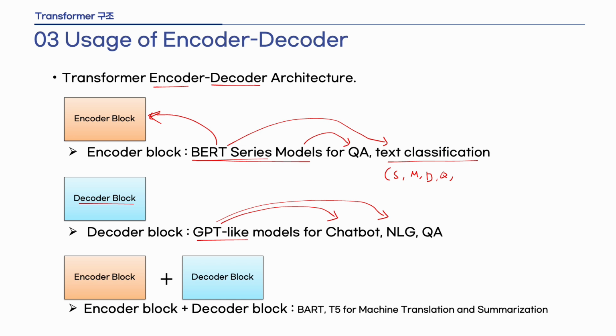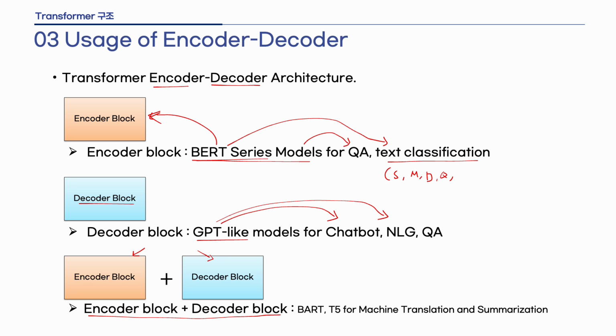As well, there are some pre-trained models that use not only the encoder but also the decoder block. It means that these encoder-decoder models use the whole transformer.